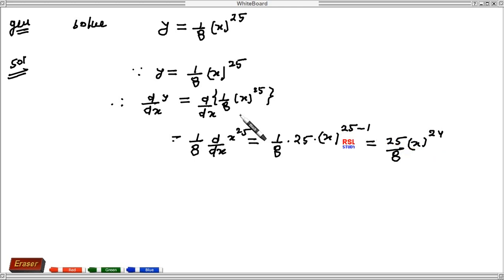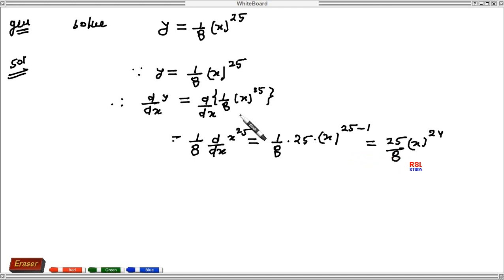Note here you can also write d/dx of x, but now you know that d/dx of x is 1, so that's why I have not written it. This is your choice, either you can write d/dx of x or not.